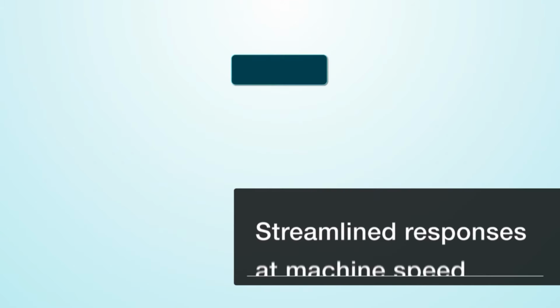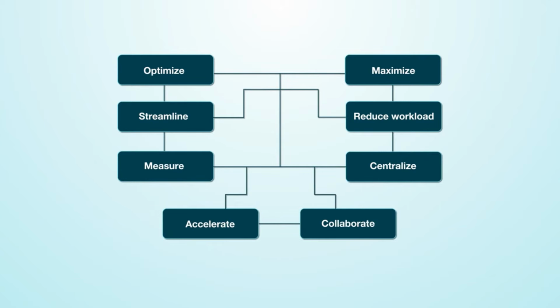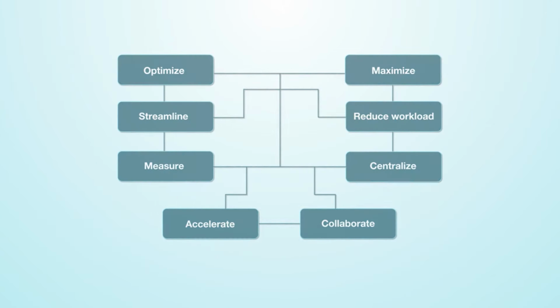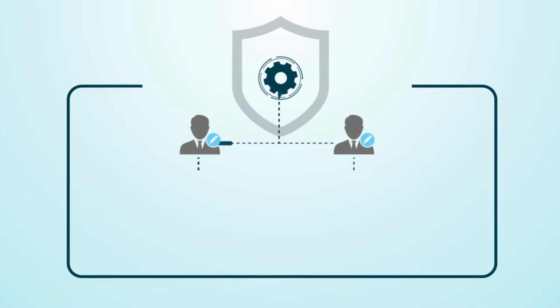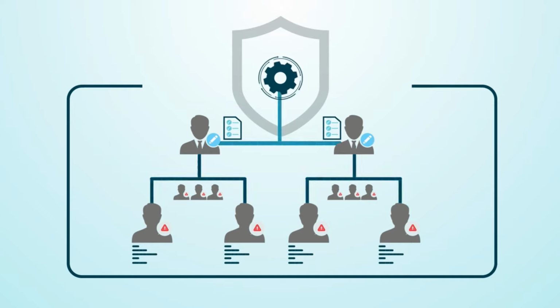Optimization results in streamlined responses at machine speed, allowing teams to improve collaboration and better manage the never-ending wave of alerts. This is because SOAR allows users to assign alerts to different analysts or teams at different stages of the response process, and for those assigned users to add information to the alert as they work on it, so that others who reference that alert later will have additional context on the investigation.